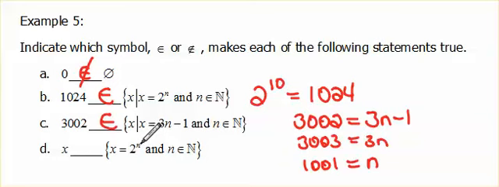If I did 2 squared, that would be 4. If I did 2 cubed, that would be 8. So no matter what I take 2 to, I'm going to get some number. I'm never going to get x. So x is not an element of that set.